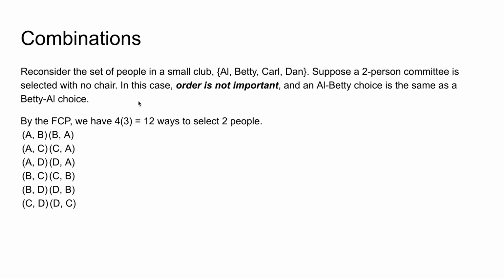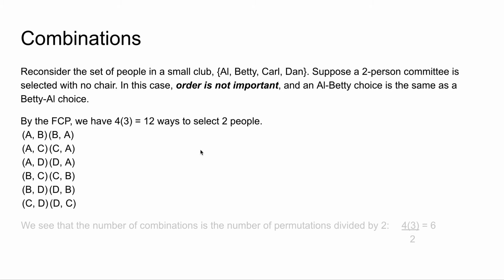So we know that choosing Carl and Betty as a 2-person committee is the same as choosing Betty and Carl. So these 2 are the same thing, these 2 are the same thing. So you actually need to divide by 2.